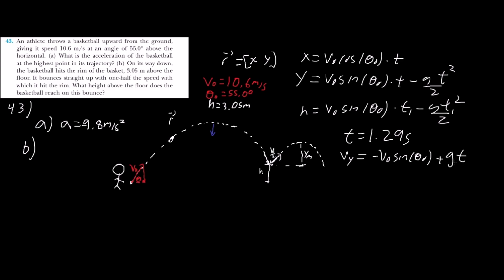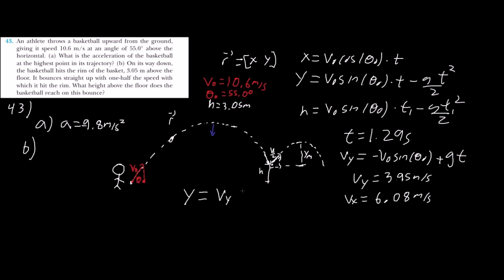So in this equation, down is positive and up is negative. Once you solve for that, your Vy would be approximately 3.95 meters per second.